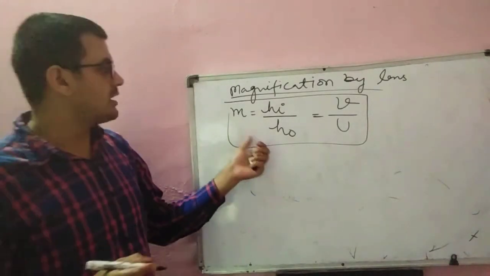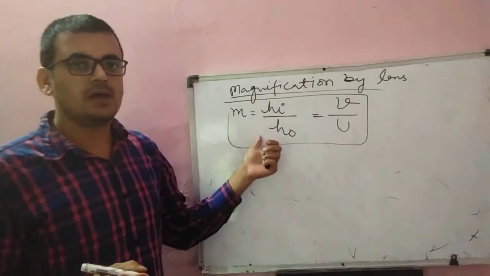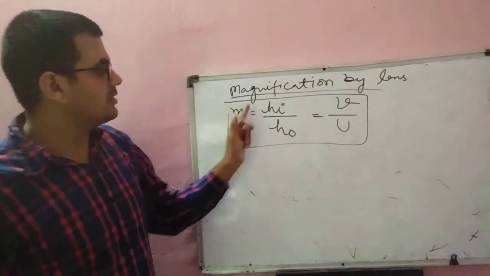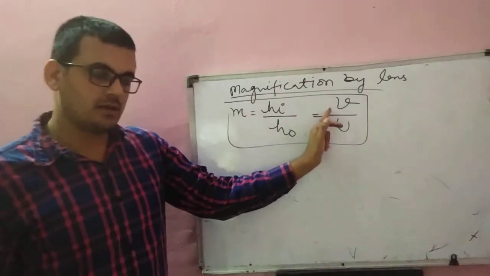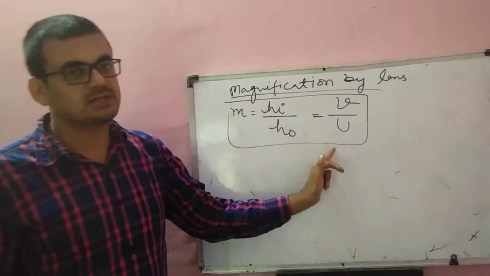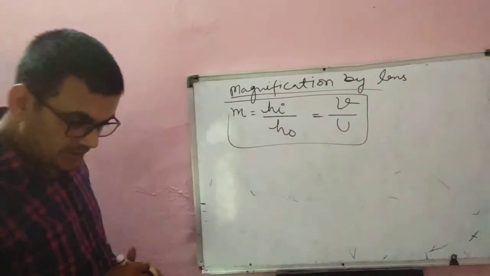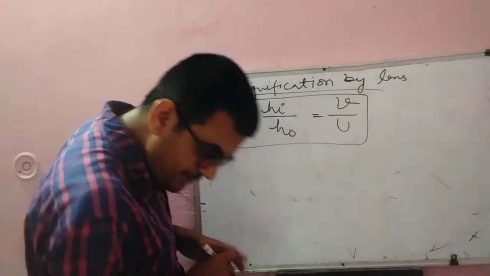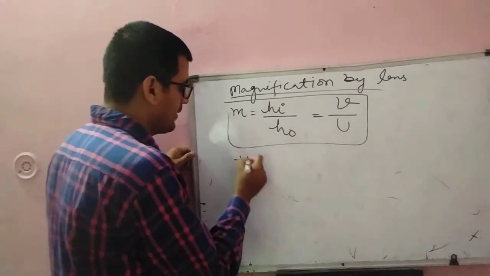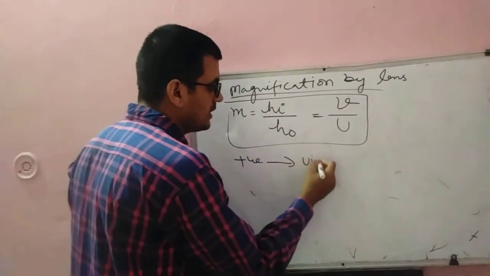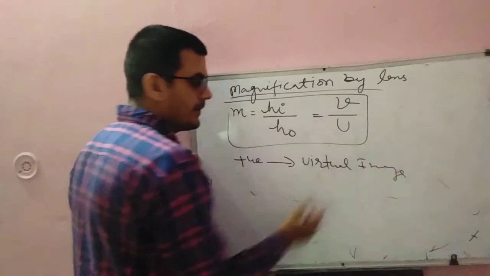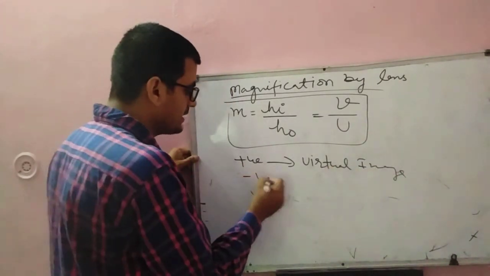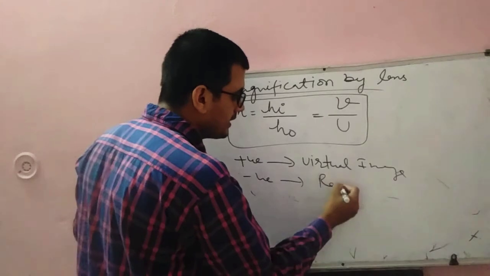This is the magnification. And one more thing, whenever magnification is positive, it means it is a virtual image. And whenever it is negative, it means real image.